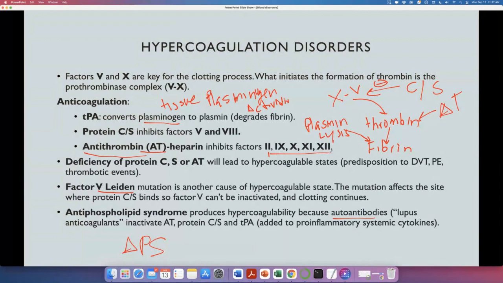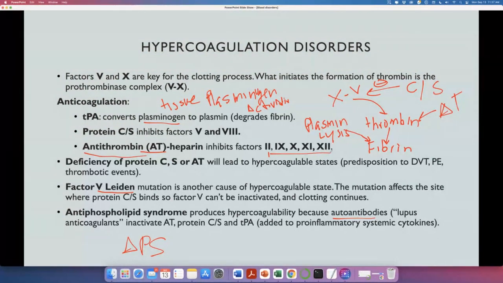So it inhibits many clotting proteins. So deficiency of anti-thrombin also leads to hypercoagulation. So these people are going to have predisposition to DVTs, to pulmonary embolism.